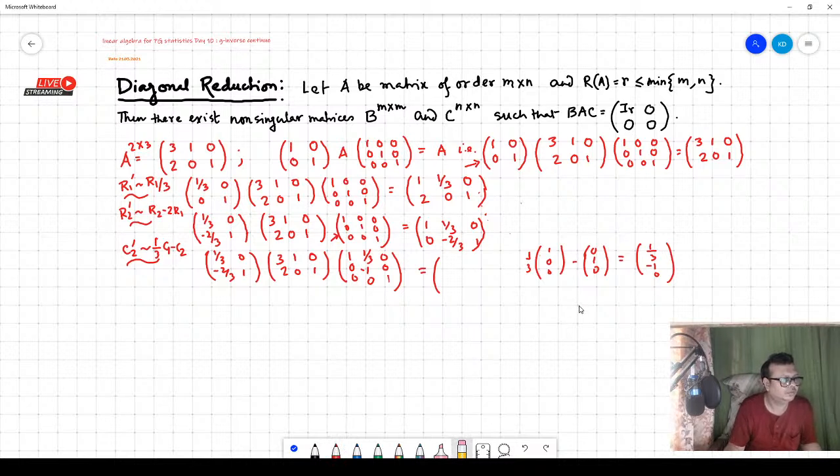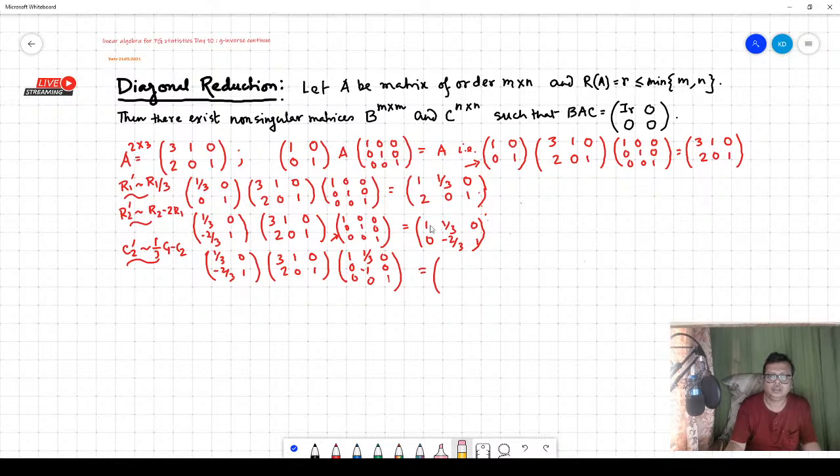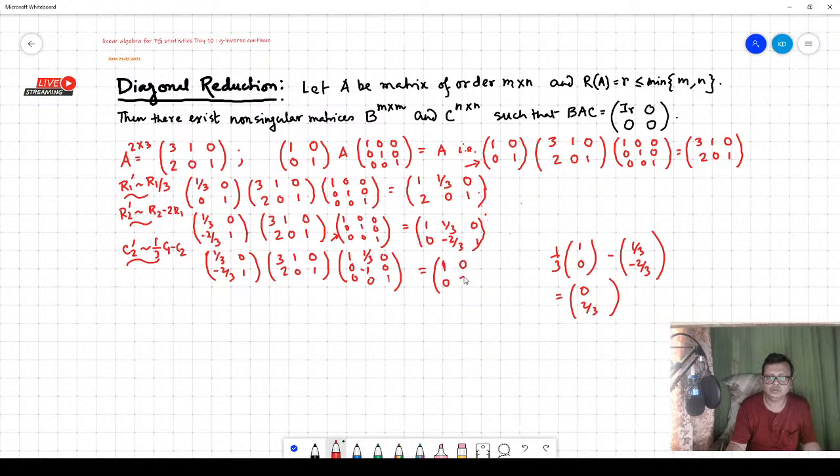Now again this is the first row, first column of the right hand matrix, minus 1/3 minus 2 3. So this is 0, 0 plus 2/3. So this should be 1 0 0 2/3 0 1.